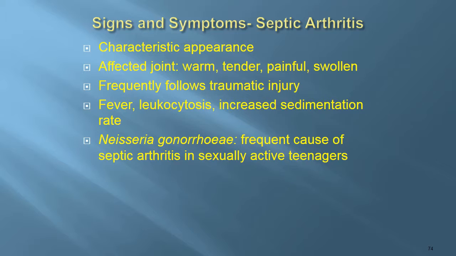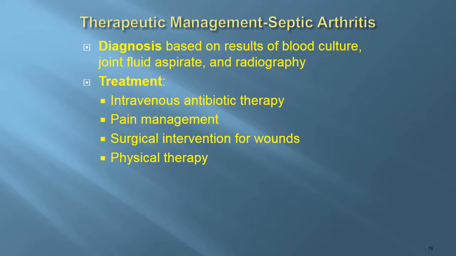Neisseria gonorrhea is the frequent cause of septic arthritis in sexually active teenagers. Diagnosis is based on results of blood culture, joint fluid aspirate, and radiography. Treatment involves intravenous antibiotic therapy, pain management, surgical intervention for wounds, and physical therapy.